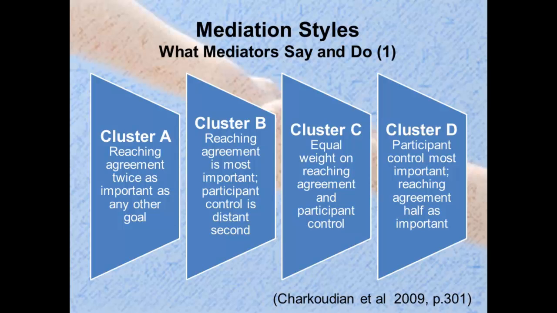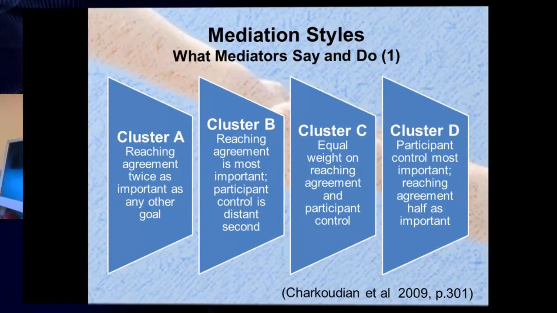What Charkoudian et al. found in their study was that when mediators' self-defined labels relating to their mediation style were correlated with these 4 clusters, there was little consistency between the labels that mediators gave their style and the cluster into which they actually fell in the survey.